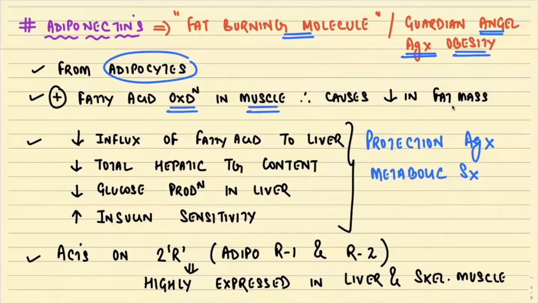Therefore, they cause a decrease in the fat mass. They decrease the influx of fatty acid to the liver by utilizing the fatty acid in the muscle. So they also decrease the hepatic triglyceride content. They decrease the glucose production in the liver and they increase insulin sensitivity. In this way, they are providing protection against metabolic syndrome.